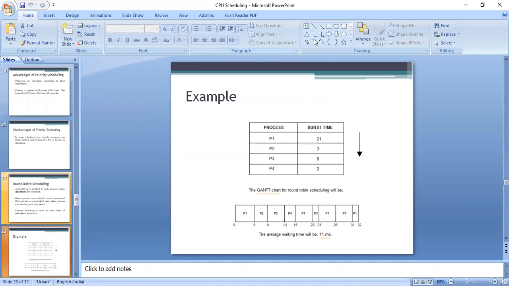In this example, we have 4 processes with certain burst times. And burst time, as we know, is the execution time for that process. Like we have P1 with 21 burst time, P2 with 3, P3 with 6, and P4 with 2.